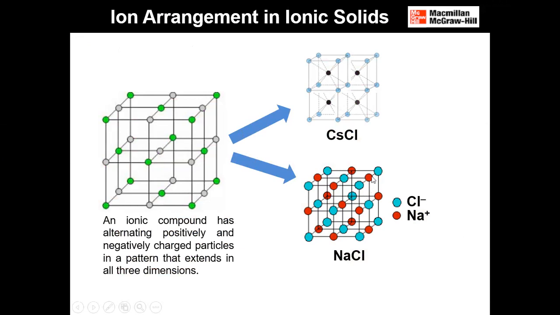For example, this one is an FCC, face-centered cubic arrangement of the ions, because here there is an atom on the face, the plane side. We can know the position of each atom when we discuss chapter 3.